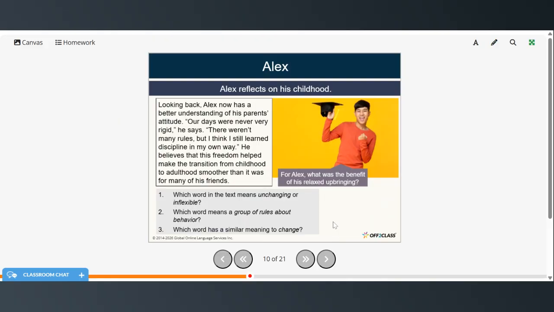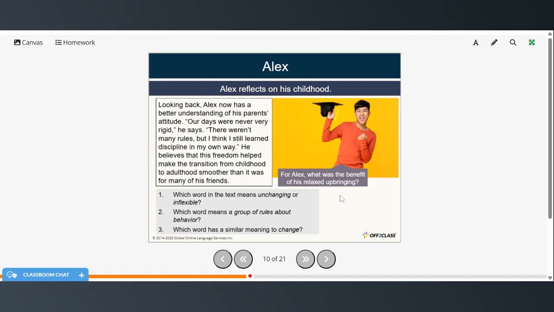So Alex reflects on his childhood. Looking back, Alex now has a better understanding of his parents' attitude. "Our days were never very rigid," he said. "There weren't many rules, but I think I still learned discipline in my own way." He believes that this freedom helped make the transition from childhood to adulthood smoother than it was for many of his friends.